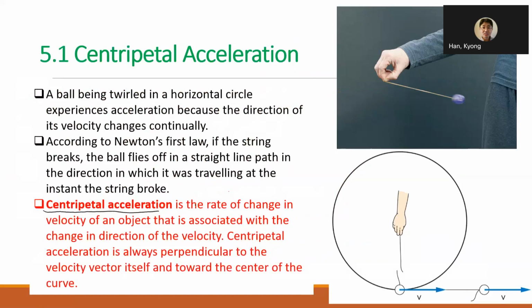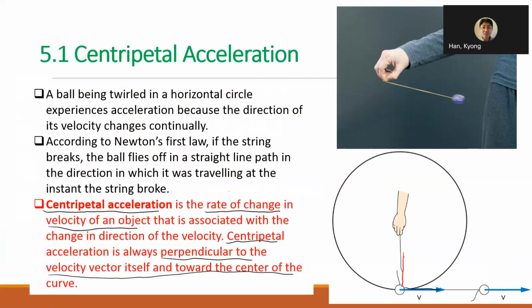Centripetal acceleration is the rate of change in velocity of an object associated with the change in direction of the velocity. Centripetal acceleration is always perpendicular to the velocity vector itself, toward the center of the curve. Velocity goes in this direction, and centripetal acceleration is perpendicular to the velocity.